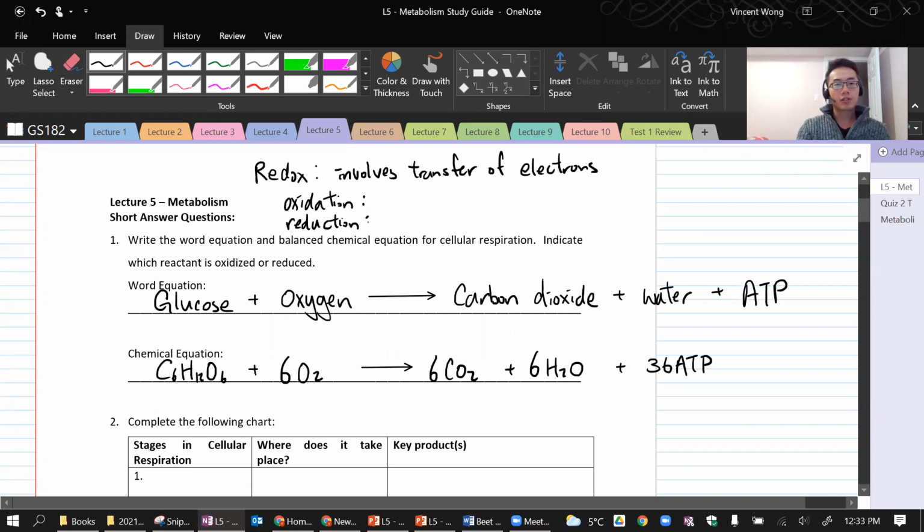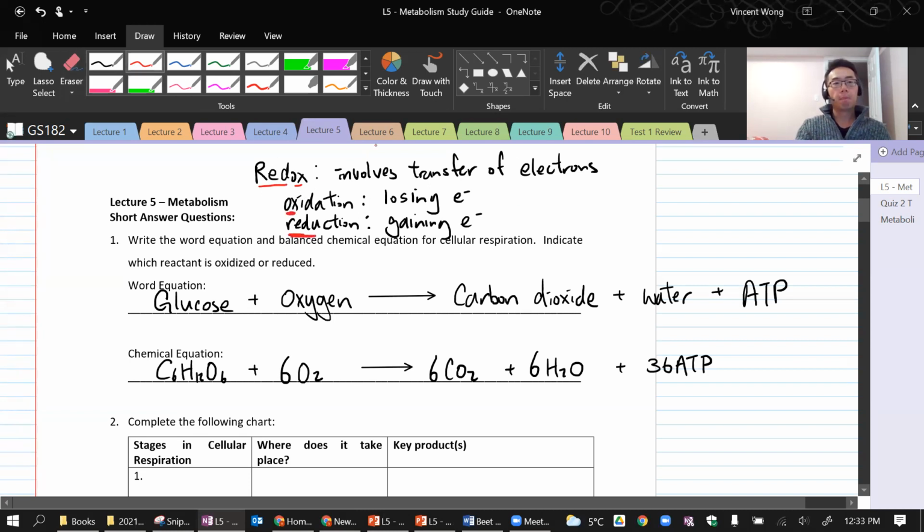Okay, so oxidation means loss of electrons, or we would say losing electrons, and reduction means gaining electrons. Okay, so redox means reduction and oxidation, right?